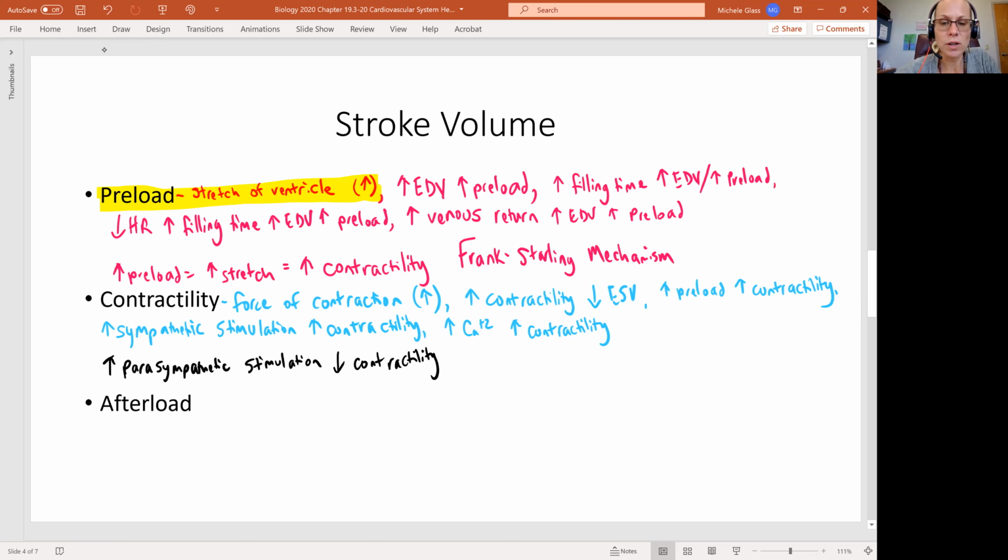You're going to decrease your atrial kick, right? So that's the contractility of those atria. So that right there is decreasing your EDV, which we know is basically decreasing our preload. And if we're decreasing our preload, we're decreasing contractility.